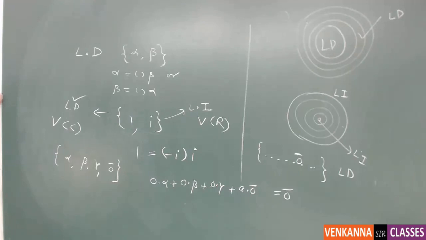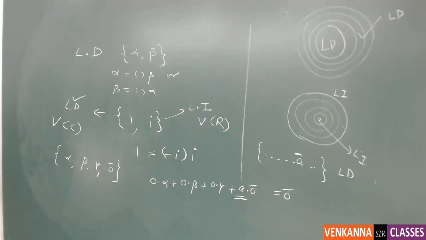So whenever I am given a set of vectors, if you want to check whether it is LD or not, very simple, just check whether it contains a zero vector or not. It is a simple check. If it contains a zero vector, it is an LD set.